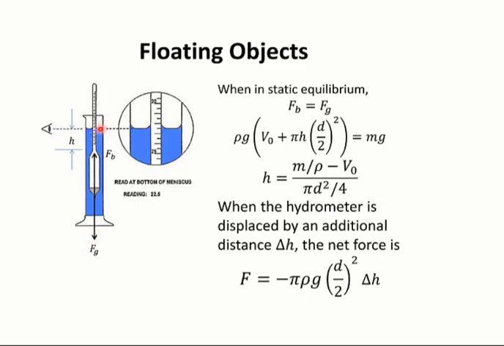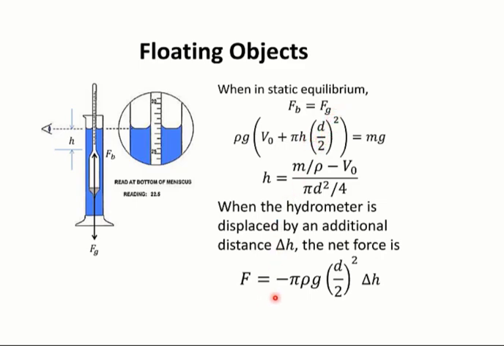So there will be an extra force. So we can calculate that extra force. What should be the force? Well, due to this height h, force is rho g times this quantity, right? Now if we increase this h by amount delta h, then that extra force acting here should be equal to minus rho g times pi delta h times (d by 2) squared.